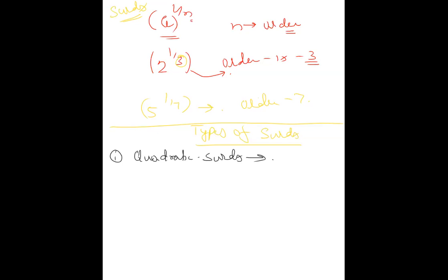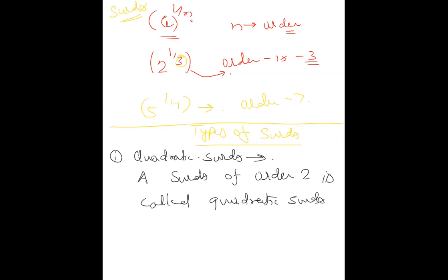Power 2 means the order is 2. So a surd of order 2 is called quadratic surd, right?